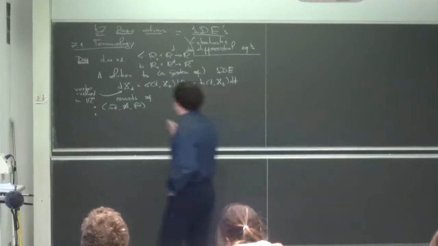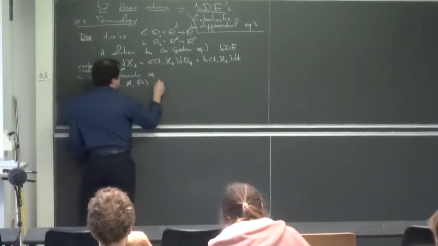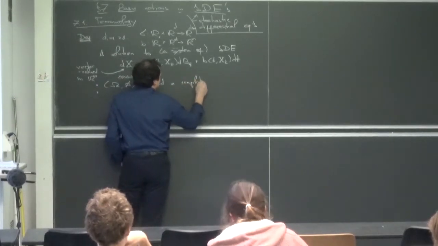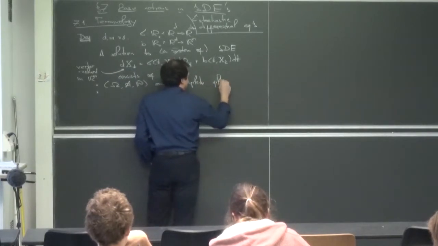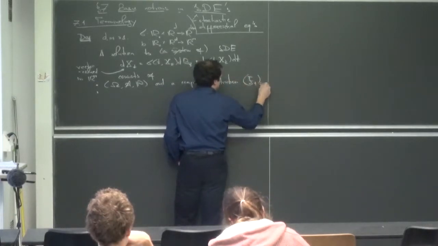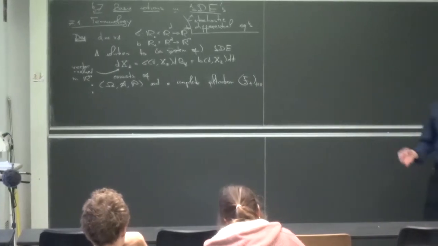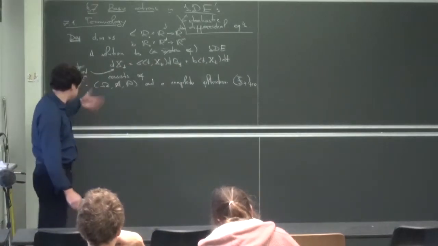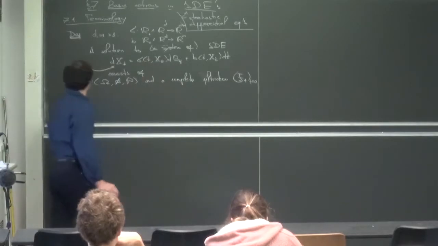And let me also add here a complete sigma-complete filtration F_t. Complete, as usual, means that it's right continuous and all the events of outer P measure 0 are in F_0.